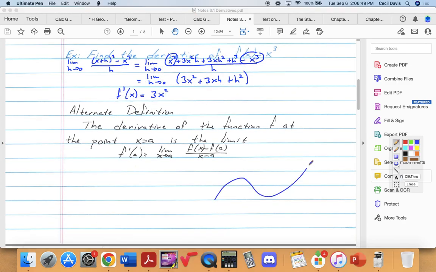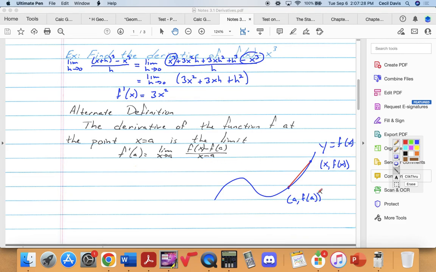If I have a function y equals f of x, and I'm interested in the derivative at a point a, f of a, I can pick any other point on here, x, f of x, and draw in that secant line, and this would be that slope, right?